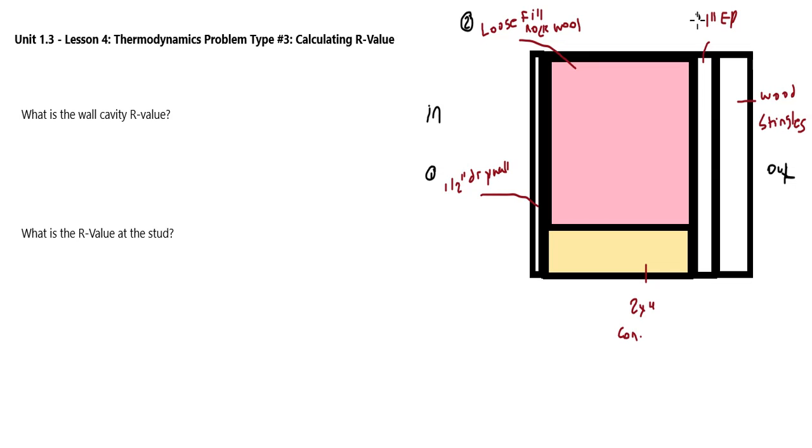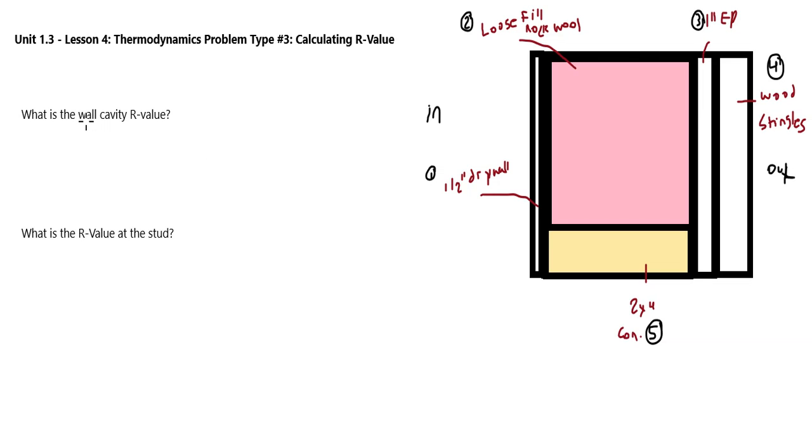Then there's 1 inch EP, which is extruded polystyrene. Then we have the wooden shingles, let's make that 4, and then a 2x4 construction, which is the wall stud, number 5.